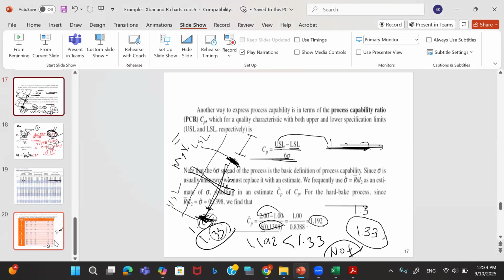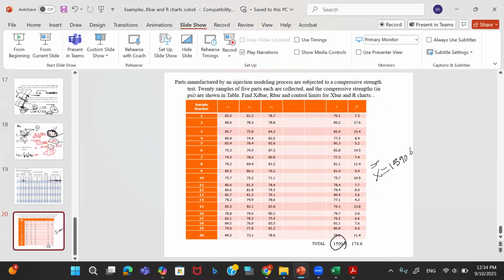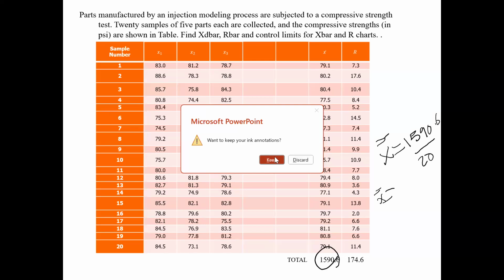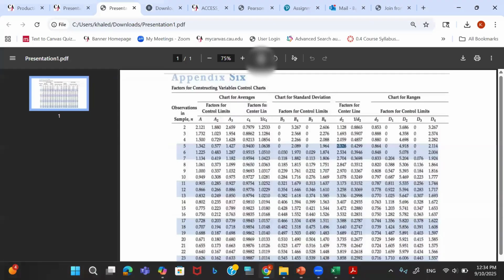Where did it go? Here. X double bar is equal to 1590.6 divided by 20. How much is the answer for X double bar? Any of you have a calculator? Yes, sir. Find the answer, please.